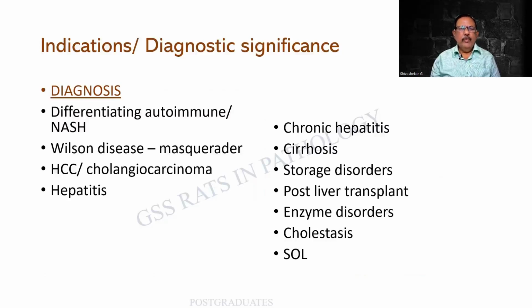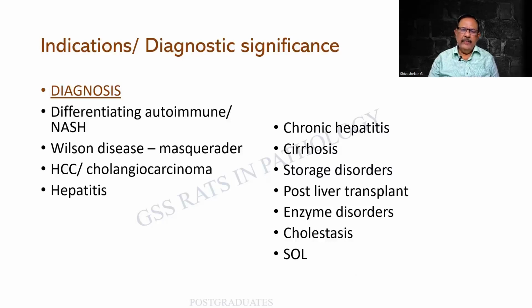It can be for differentiating the various autoimmune disorders, NASH, Wilson's disease, which can be a mimic for many a condition, hepatocellular carcinoma and cholangiocarcinoma, hepatitis, and metastasis. These are certain things which we can generally diagnose.